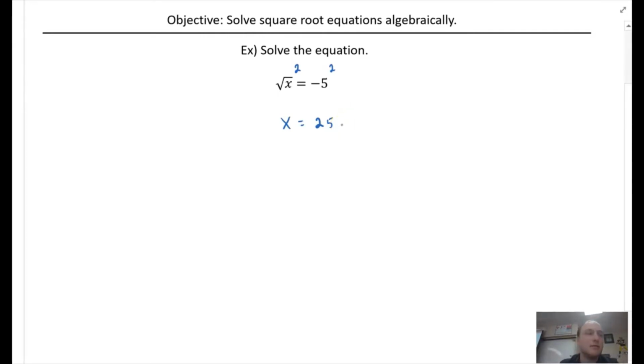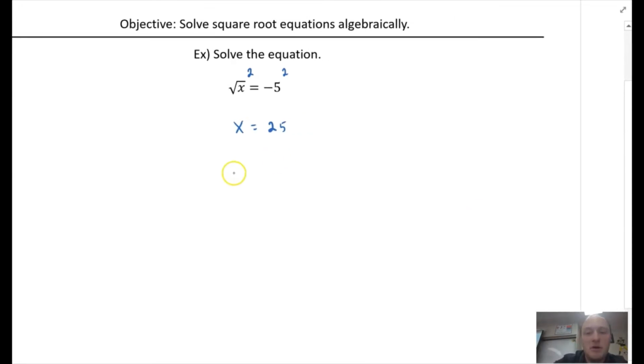Some bad things are going to happen when you square a negative, but I'll plug this in. So I get the square root of 25. Is this equal to negative 5? Well, no, the square root of 25 is just 5. It doesn't equal negative 5.